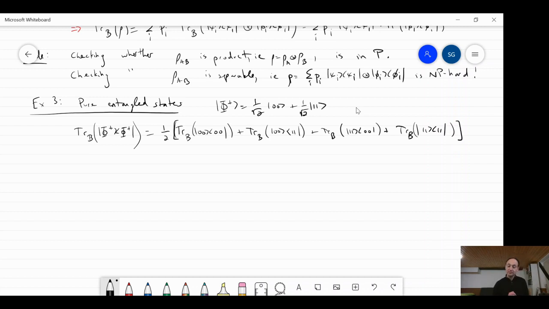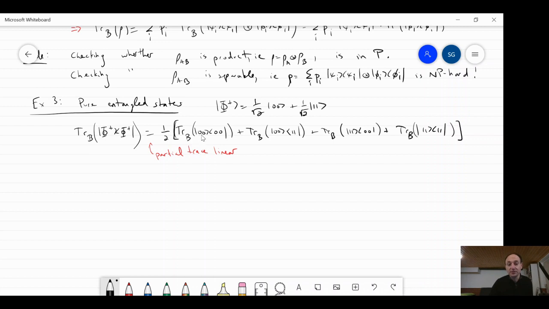So this is what we get. Just use the fact that partial trace is linear. Now this is easy, because I have the partial trace of product states.